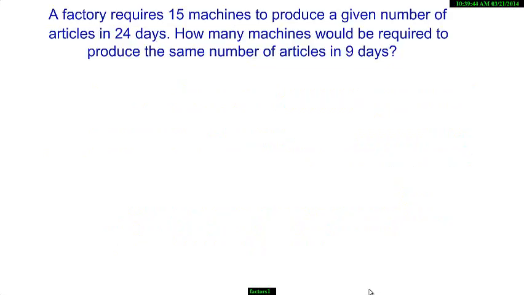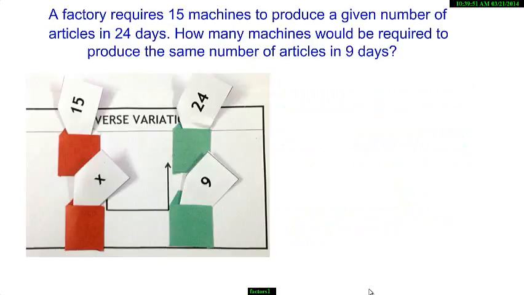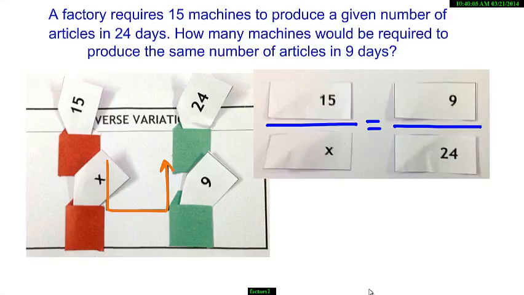Cut your number strip and place it in the correct pocket of the inverse variation grid. Remember, in inverse variation, you will see this open cup pattern. Now, remove your numbers and follow the pattern to form your equation.